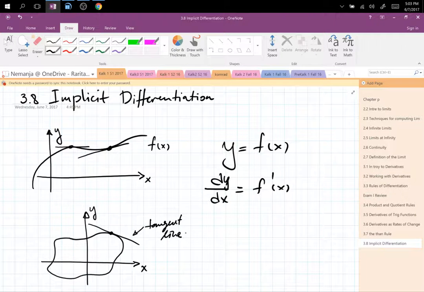And if there is a tangent line, y equals mx plus b, that slope m is actually the derivative computed at point A. So there has to be a way to take the derivative of relations that are not functions, because we see that the tangent line, the slope, all of that stuff exists. So let's see how we do that.